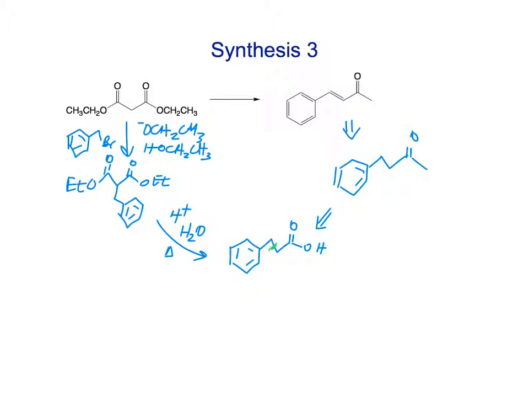Can we just add a methyl Grignard and just substitute for the OH? No, why not? Right, so let's just go down this way. What if we add methyl magnesium bromide? What happens? Do we do a substitution reaction?